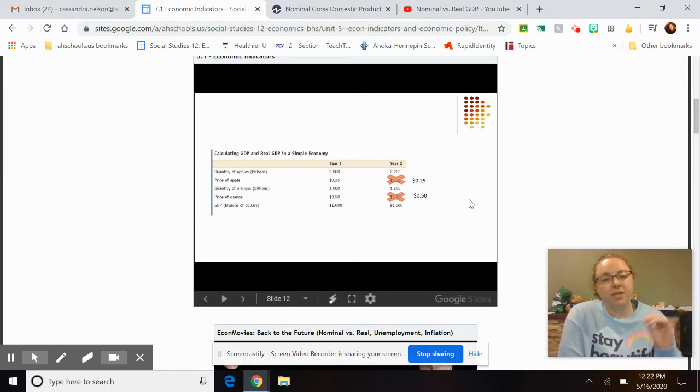Nominal GDP is used within quarters in a year, so it's used to compare the first however many months of a year to the next however many months of a year, and so on and so forth. Whereas real GDP is used to compare actual years. And it's the number that comes out to show the GDP for a year.